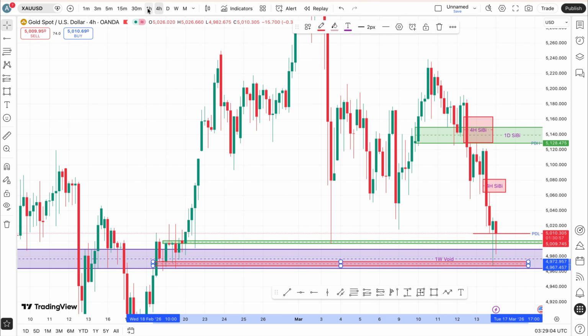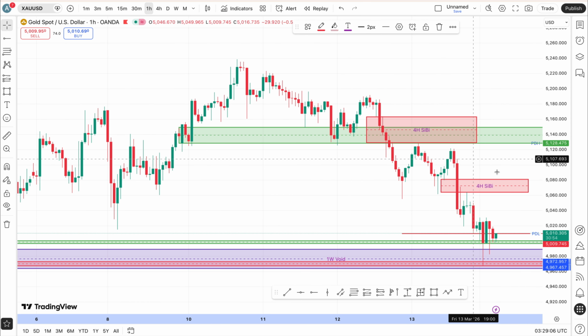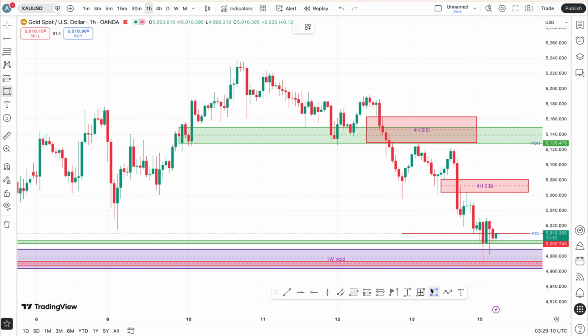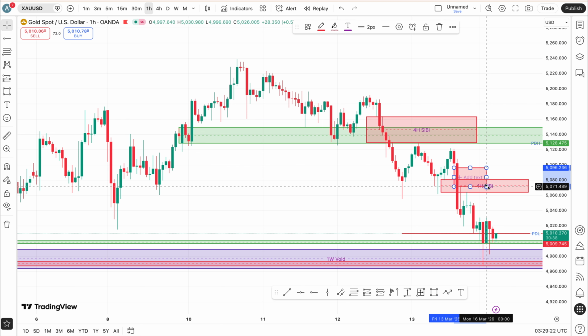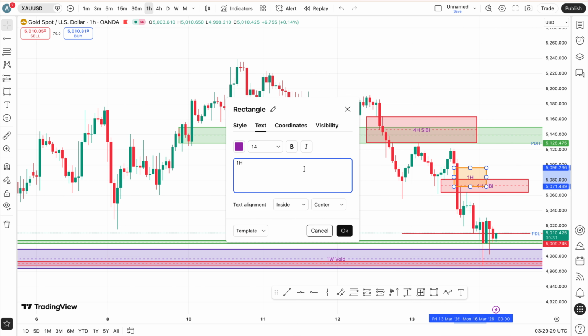We now move on to the 1-hour. You can see first we look at the previous day's trading range. We can see a 1-hour CB here, a 1-hour CB.